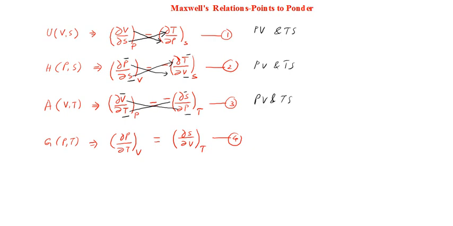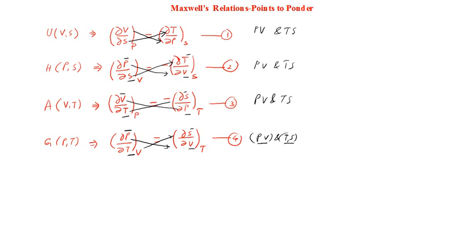In the last or fourth equation also, it is PV and again TS. Is it not an interesting feature? Already we have defined that P and V form a conjugate pair and T and S form a conjugate pair. Not only that, the product PV and the product TS will always have the dimensions of energy.